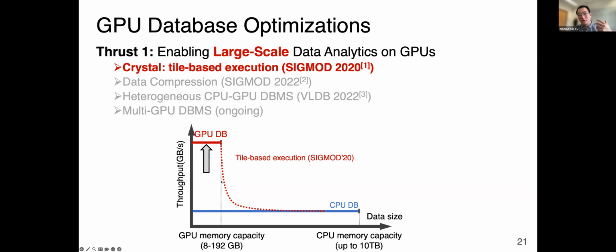So in the first paper, our focus is just on the left part: when data does fit in GPU, how can we maximize its performance potential? How can we maximize the throughput? We don't care about when data does not fit for this first paper.